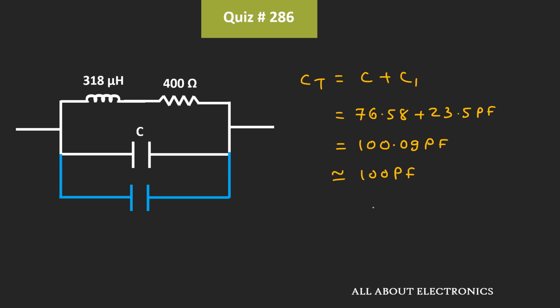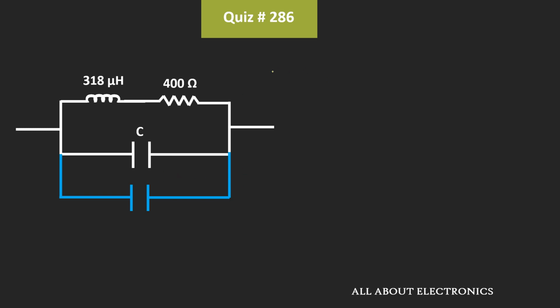With this total capacitance, now let us find the new resonant frequency, and for that we will use the same expression: resonant frequency is equal to the square root of 1 divided by L times CT minus R square divided by L square, where CT is the total capacitance. Now let us put the value of the inductance, resistance as well as the total capacitance.